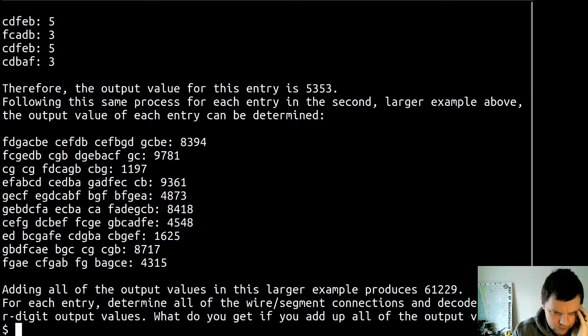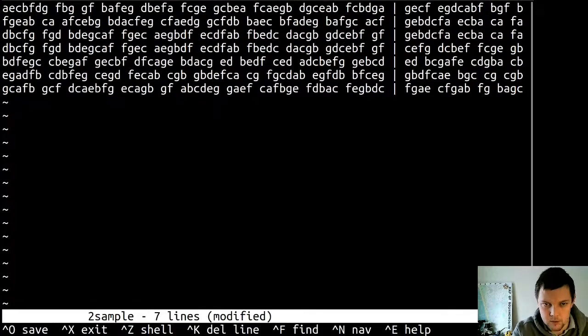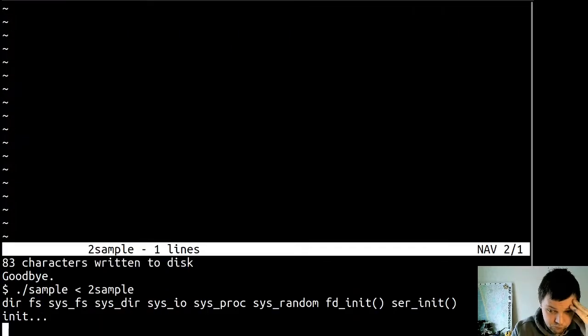Eh? How can that be 1626? It doesn't even have the right number of digits.